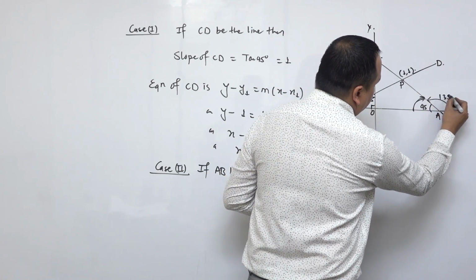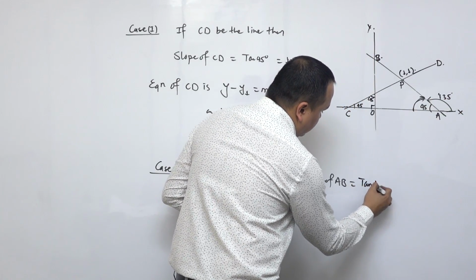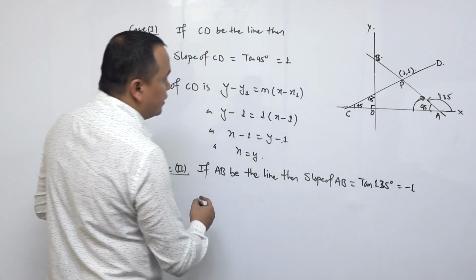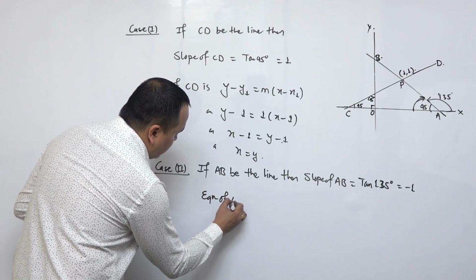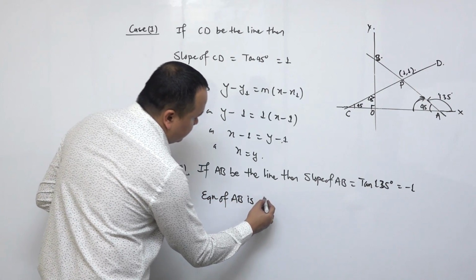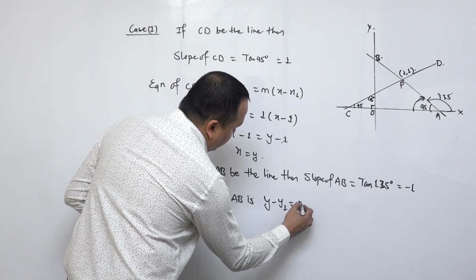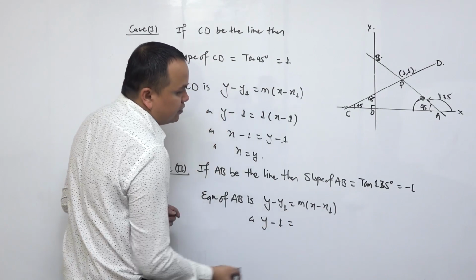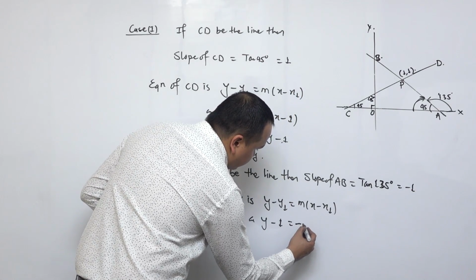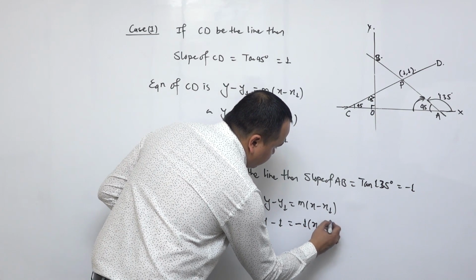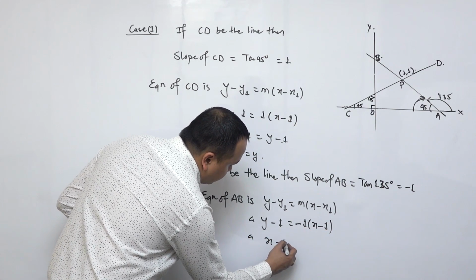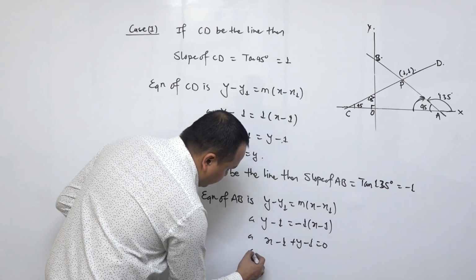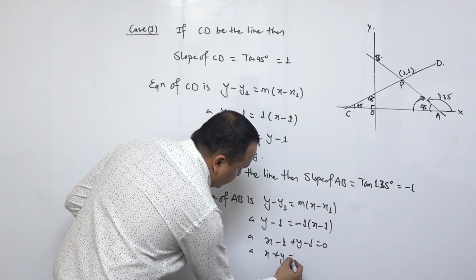135, tan 135. This is minus 1. The equation of AB is y minus y1 is equal to m times x minus x1, or y minus 1, again m is minus 1, x minus 1, or x minus 1 plus y minus 1 is equal to 0, or x plus y is equal to 2.